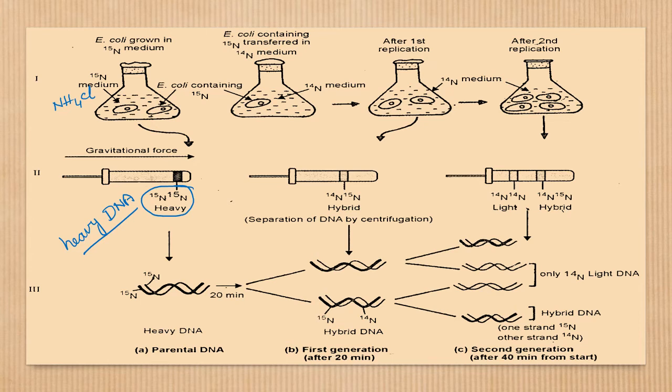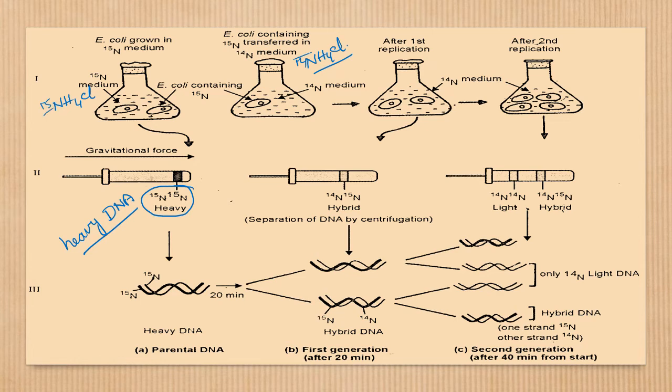Now, this heavy DNA containing Escherichia coli, E. coli, is transferred into the light nitrogen containing medium. Again it is NH4Cl, ammonium chloride only, but here it is N14, light nitrogen, and at first it is cultured in the isotope nitrogen.